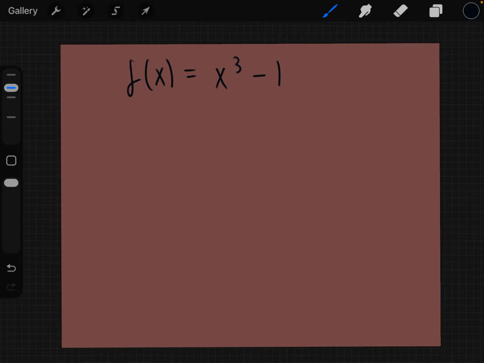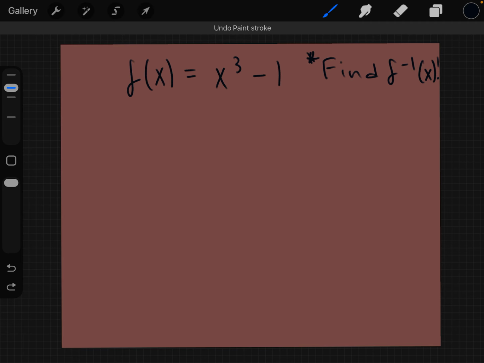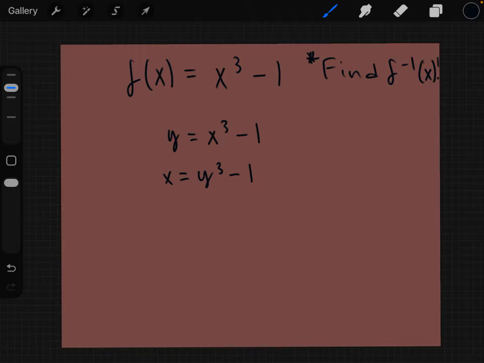Okay. Find the inverse. So we can't do the thing that I showed you that makes our life easier because of this. So we're just gonna have to follow the steps, which is turn f of x into y, swap y and x, solve for y.